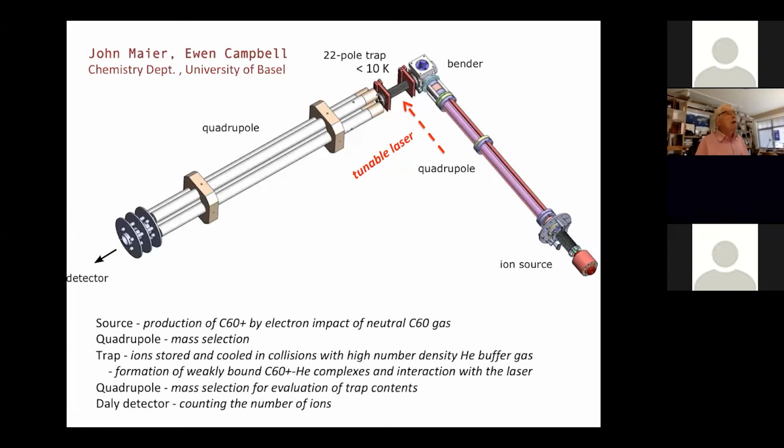And so the C60+ would be released, passed down here, and eventually detected. So the impact of passing the laser light through was to give you what would look more like an emission spectrum, because the more that came through, the more the absorption had been in the first place. If you don't follow any of that, don't worry about it.